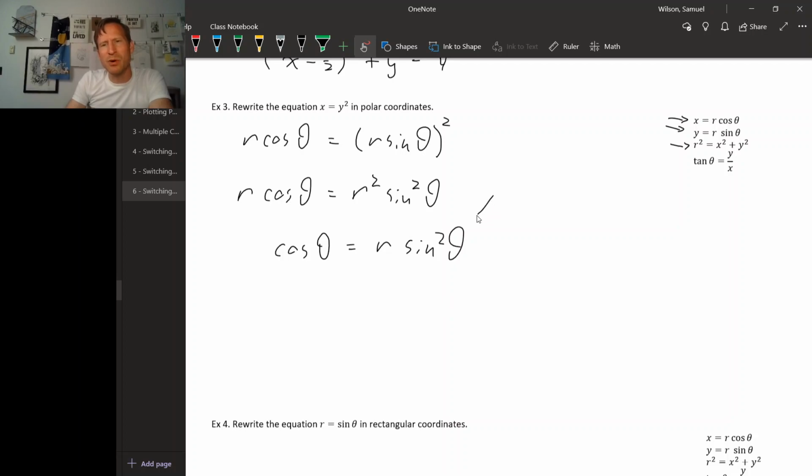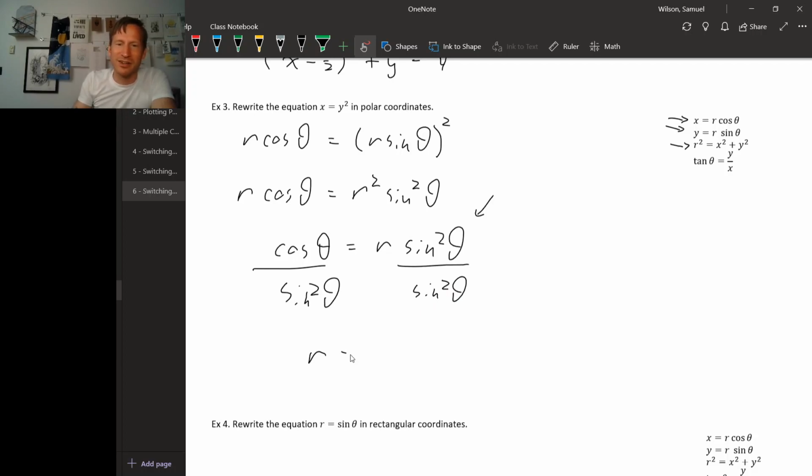And then at this point, it's hard to know what else to do. It's hard to know if there's any sensible way to rearrange this equation that's going to actually illuminate anything about the collection of points that this equation is describing. You could, if you wanted to, divide both sides by sine squared, I guess, if you thought that would help.